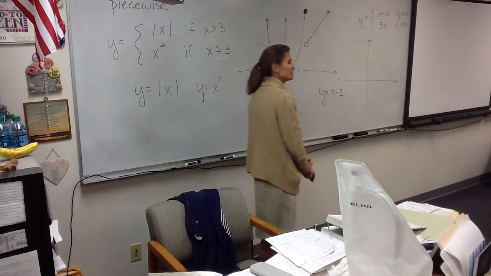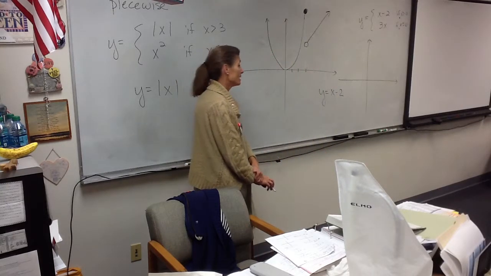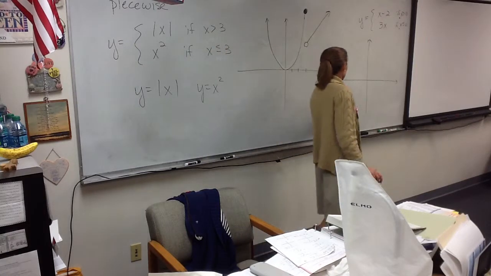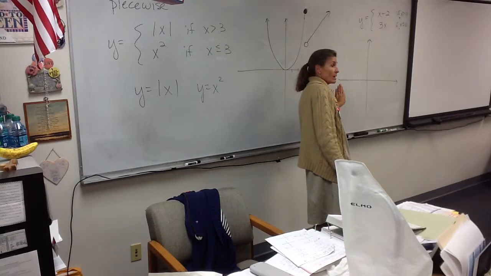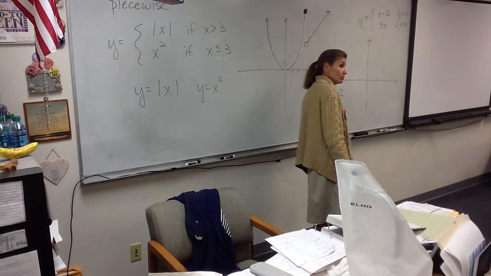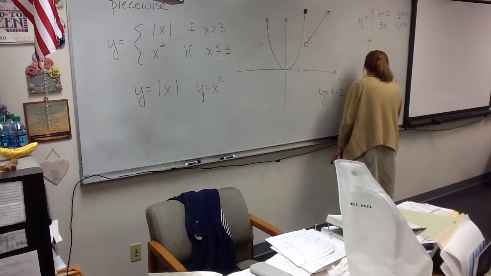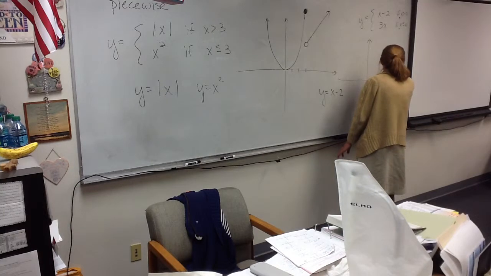Anybody know what shape that is? Straight line. A line. Now, that is your basic function, right? Y equals x. Yeah, it's negative. So now it's dropped down 2. We'll move it down 2. Right? Yeah. So I'm going to have a line that looks like this.